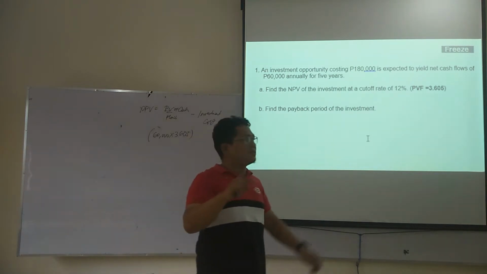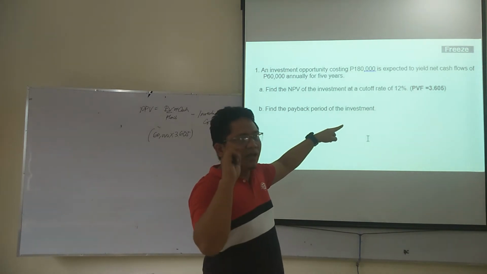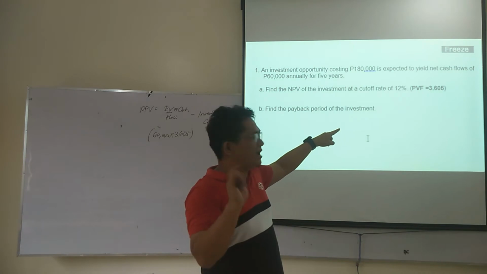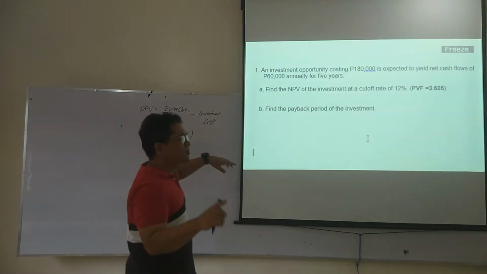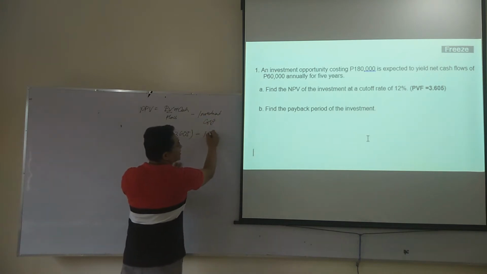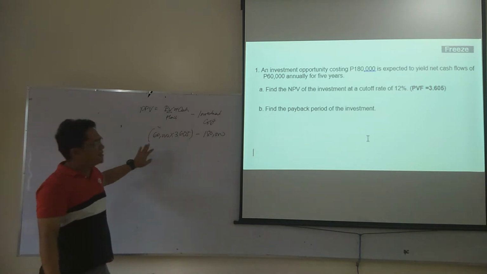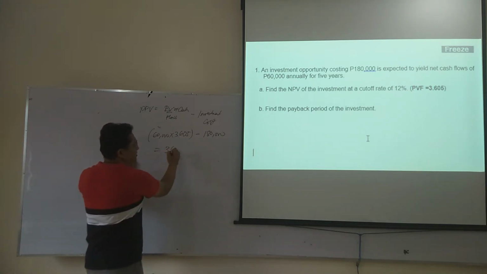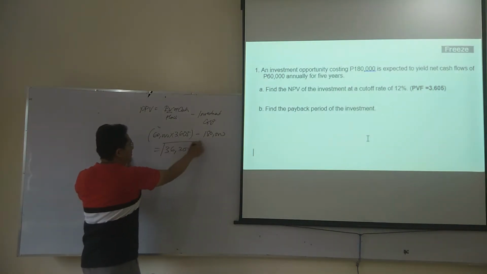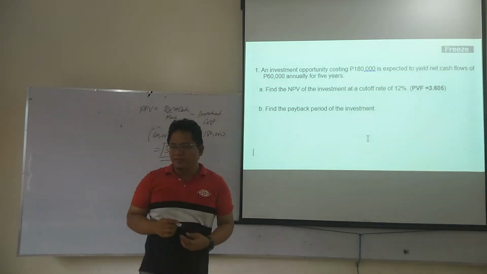In actual problems, these present value factors are not given. So please check my other videos as to how to compute the present value for ordinary annuity or annuity due or simple present values. Minus the investment cost of 180,000. And that is 36,300. So this project is profitable.